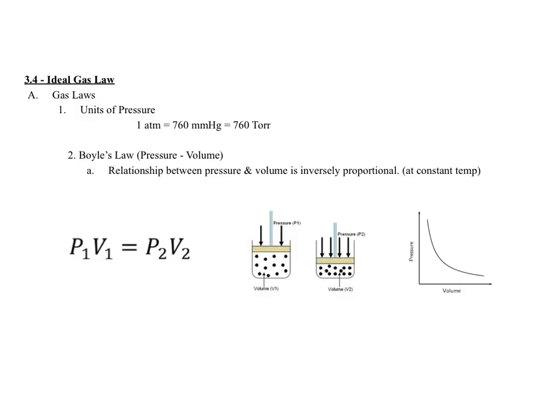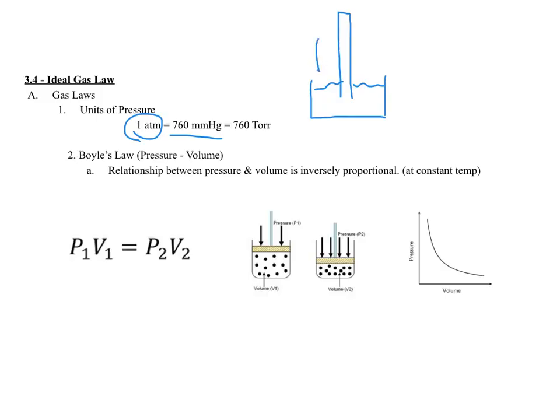All right, let's first talk about how we measure pressure. Gas pressure is measured in units of atmospheres, where 1 atmosphere of pressure is the same as 760 millimeters mercury. How that was originally measured was with what is called a barometer, a little tube that's inverted into a liquid.